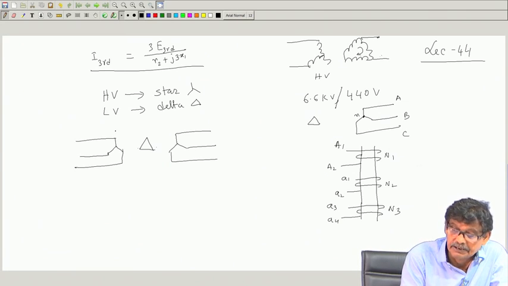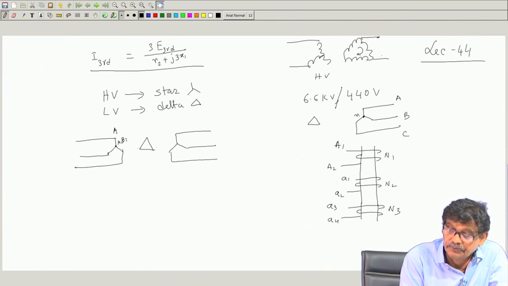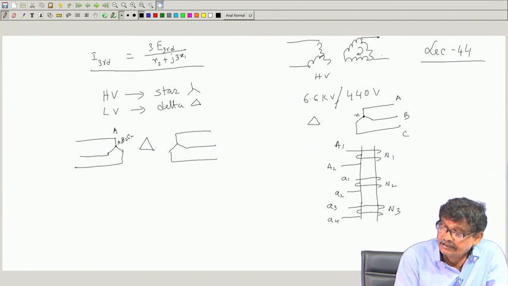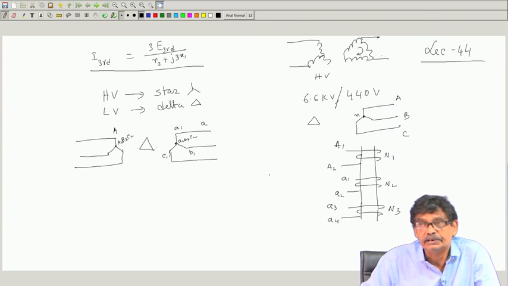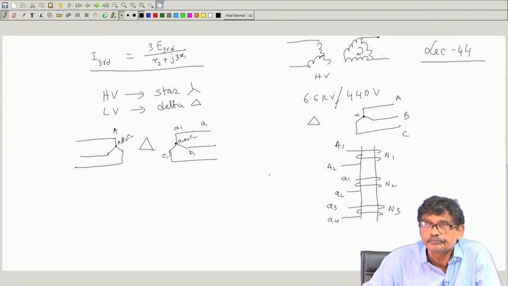which is star connected, maybe this is A1, this is A2, B2, C2, etcetera. And this is also star connected, this is say a1, this is b1, and this is say c1, correct way I have connected, and this is the neutral. a2, b2, c2 I have connected, and this will go to the load.